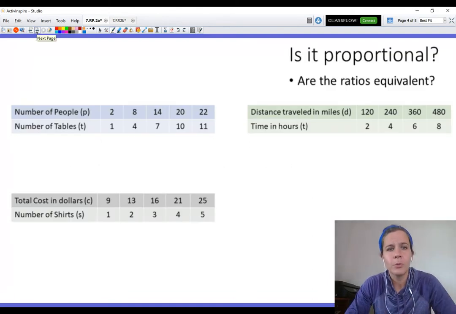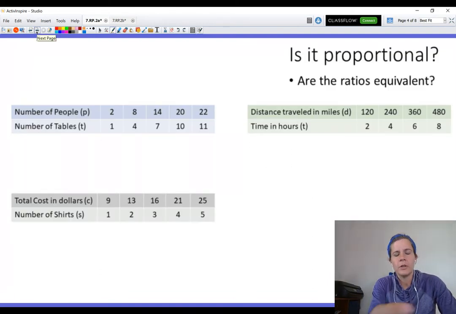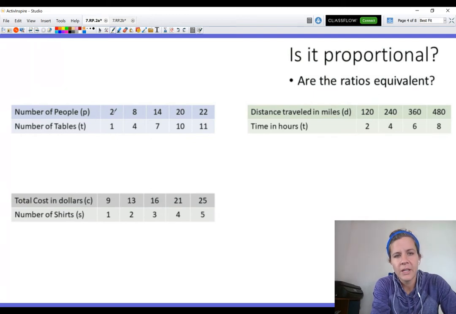So are these proportional? Let's see, let's simplify all of them. We're going to talk about the blue example, and if we simplify the number of people to tables, then we simplify this down to 2 over 1. 8 and 4 can both be divided by 4, so we'll get 2 over 1. 14 and 7 can both be divided by 7 to give us 2 to 1. 20 and 10 can both be divided by 10 to give us 2 to 1.